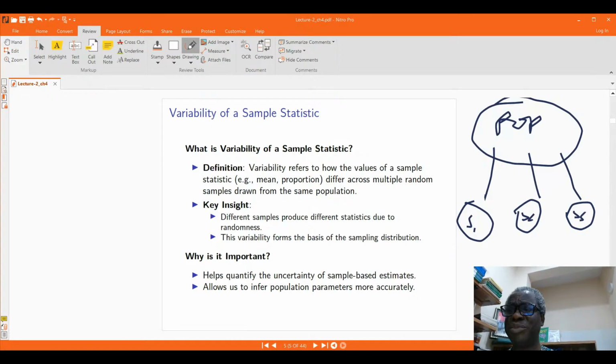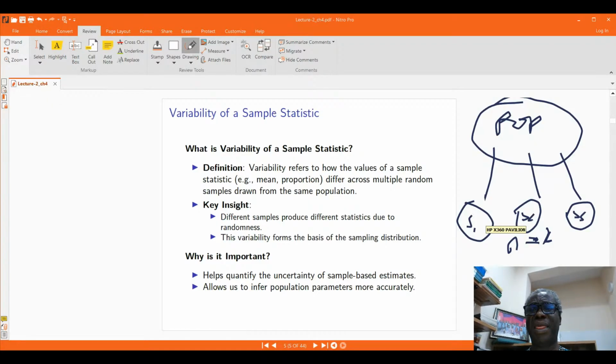Several samples can be drawn from here. But we are drawing the same sample size from the population.